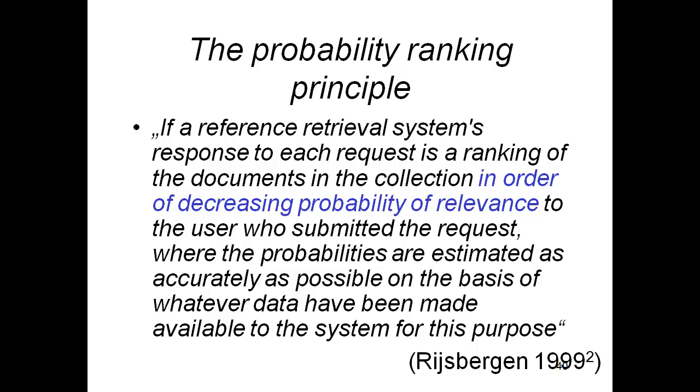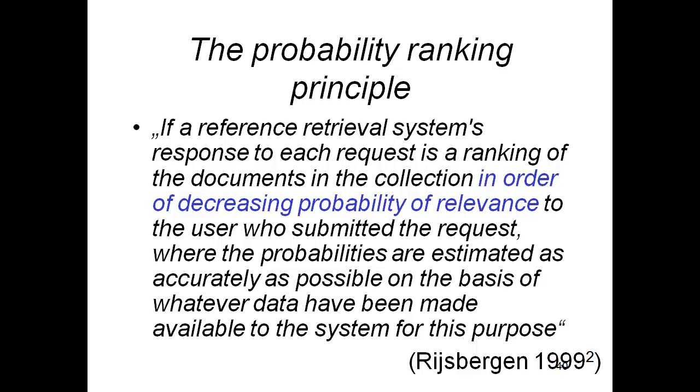And the probability ranking principle says, well, it's good to rank documents in a collection in order of decreasing probability of relevance. So the document with the highest probability of relevance is the top document. And the probabilities are estimated on the basis of whatever data is available. This is quite general.